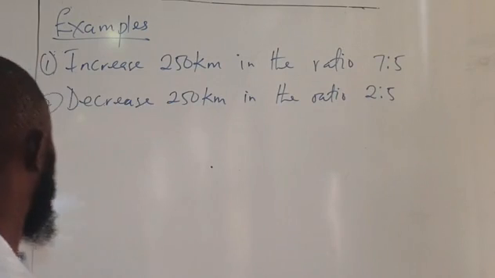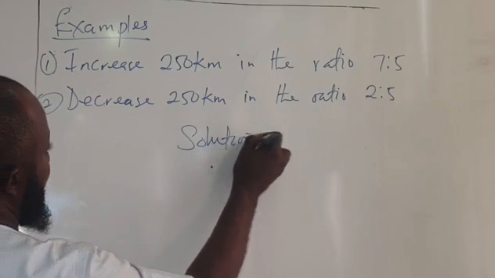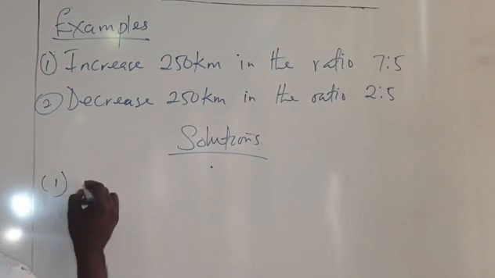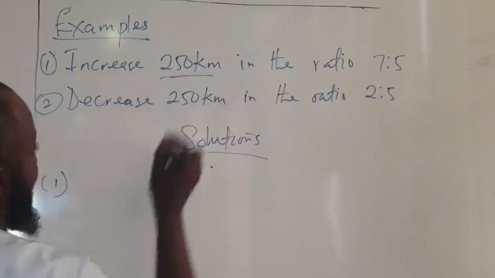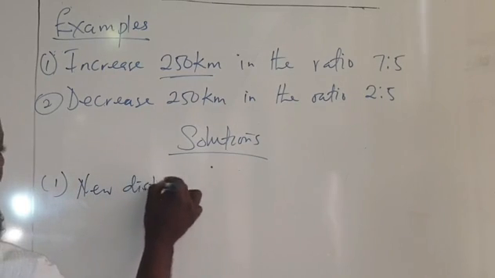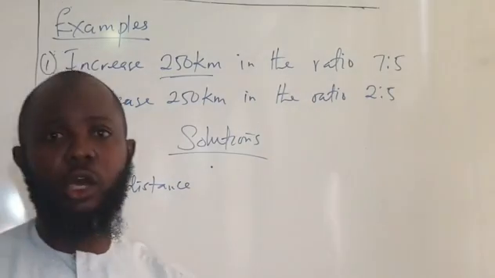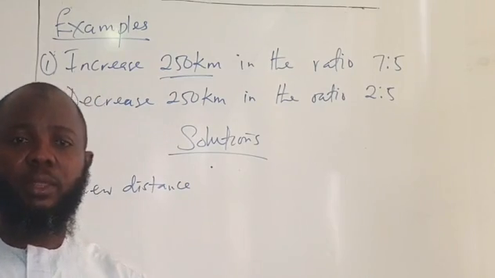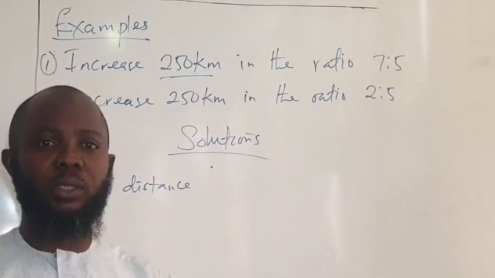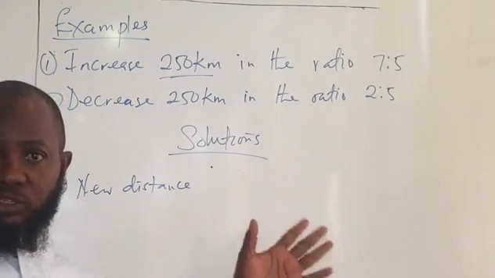Let's look at the solutions. The first one is an increase. So the new distance, because kilometer is distance. I said earlier that to increase or to decrease a quantity by a given ratio means that you should multiply that quantity by the multiplying factor. So the multiplying factor refers to the ratio there.